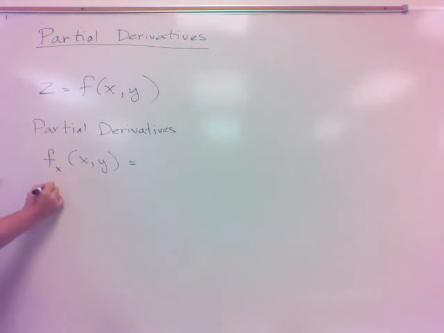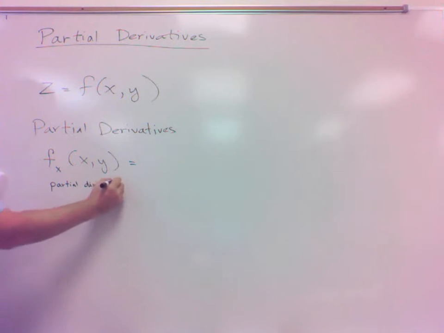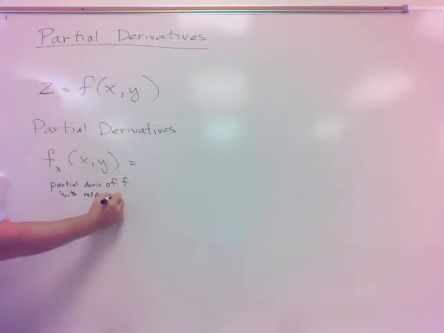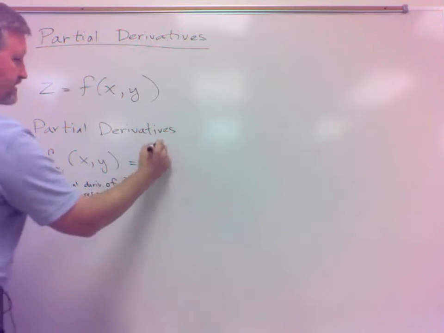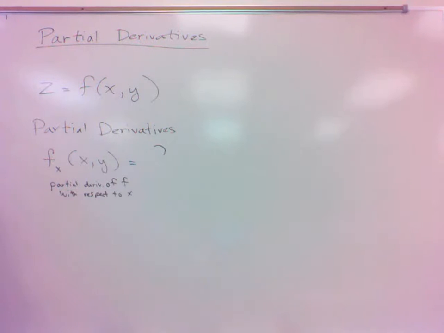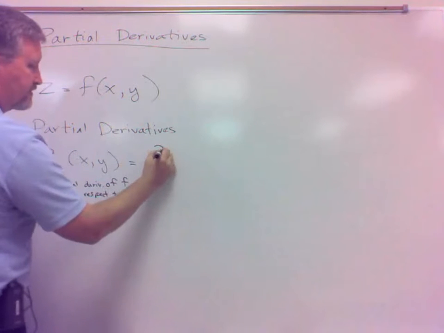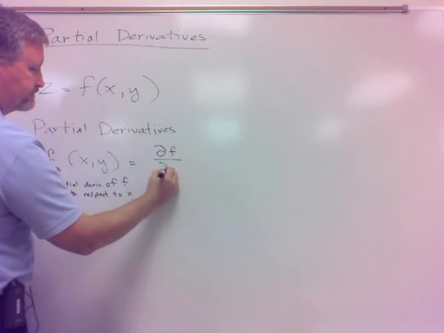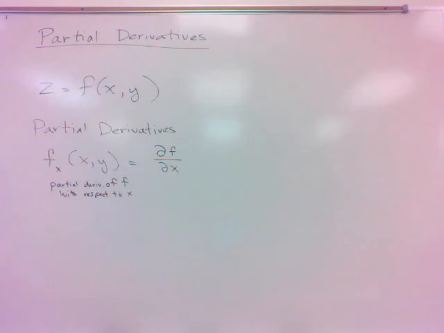So this is the partial derivative of f with respect to x. And another notation is they'll use this, we use dy dx also, the Leibniz notation. Well, for partial derivatives, they'll use this symbol. It looks somewhat like a backwards 6, I guess. But anyway, that's the partial derivative notation.